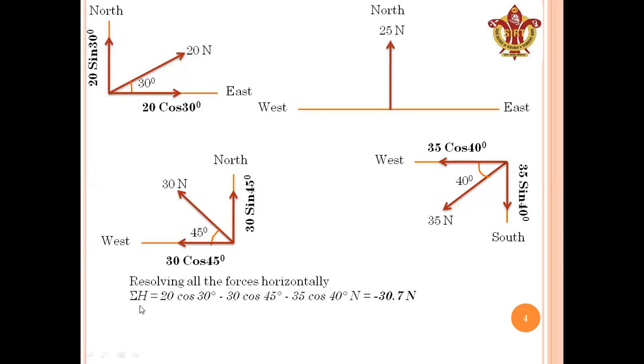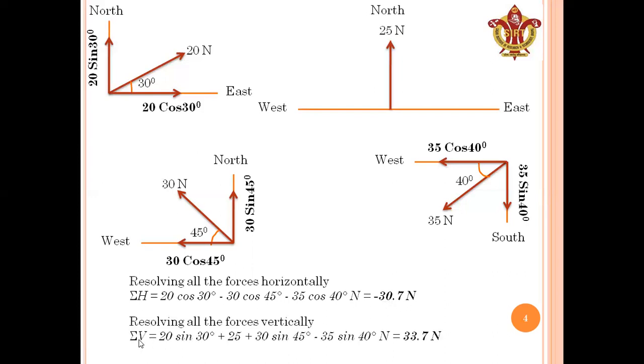The summation of H, the algebraic sum of all horizontal forces: the first is in the east direction, and forces in the opposite direction are negative. By calculating these forces, we get summation of H equal to 30.7 Newton.